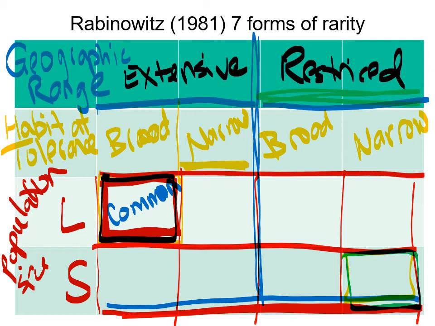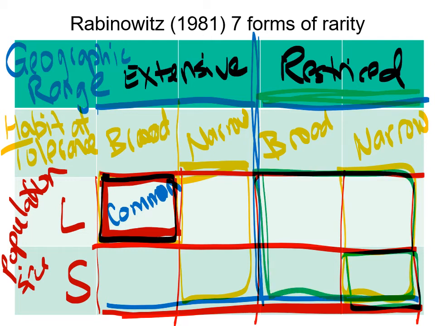Anything in the narrow habitat columns is restricted to the habitats it's found in. And everything on the right side of the diagram is going to be restricted in its geographic range, just found in very few places. It might be found on the island of Madagascar.